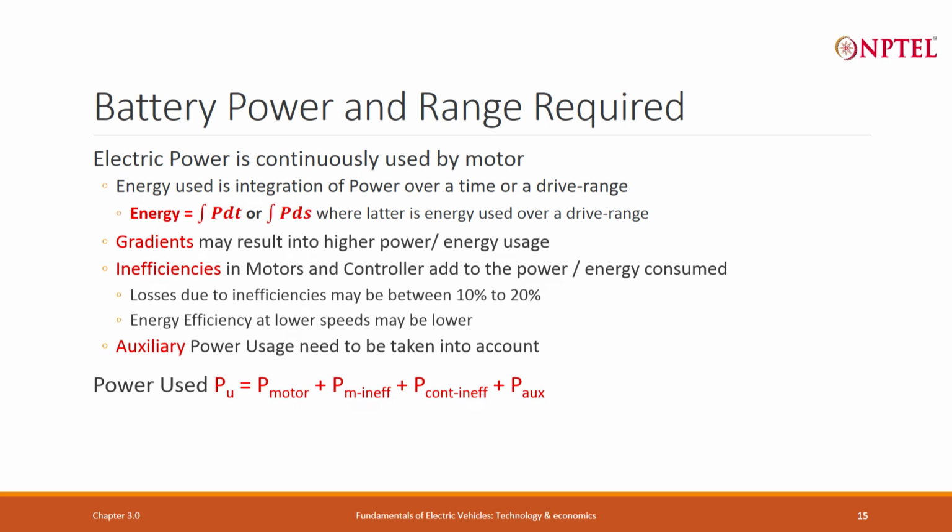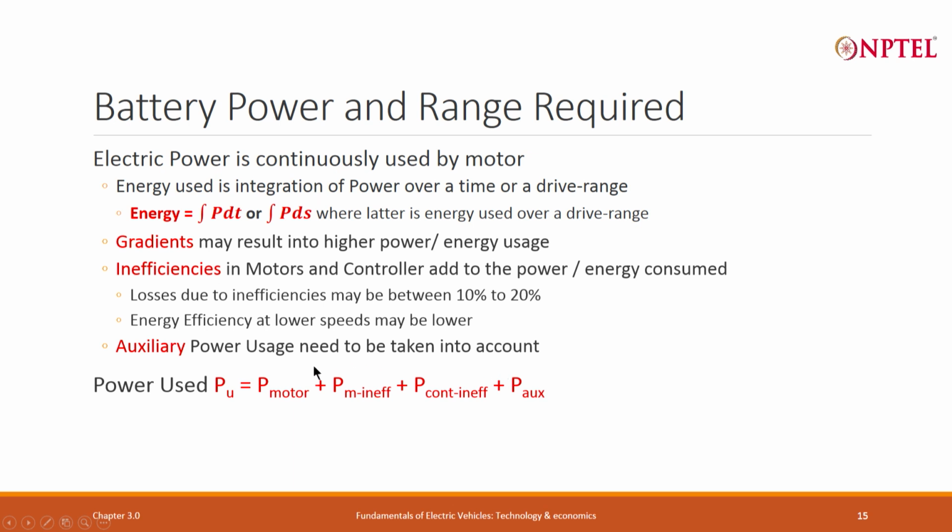So, power used is power for the motor and controller plus motor inefficiency, that much power is also used, plus the inefficiency due to the controller, plus the auxiliary power.